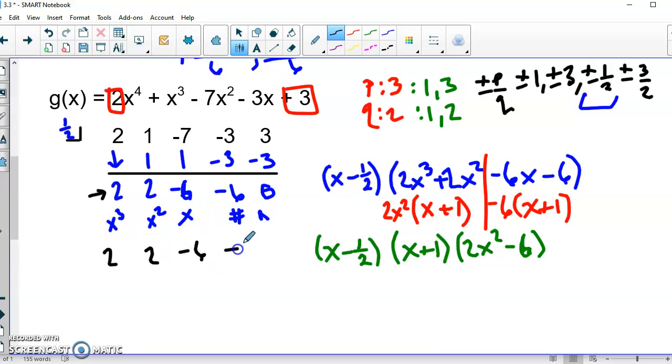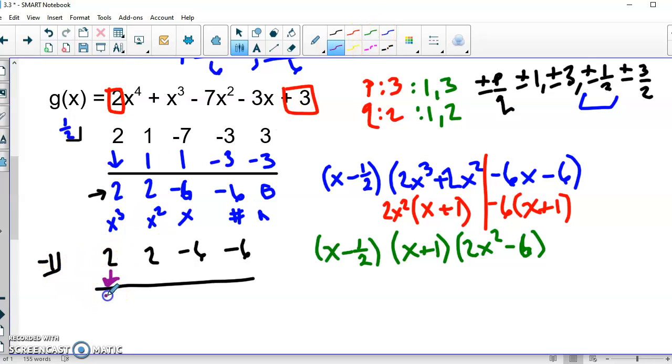And I'm going to use -1 as a zero or a root, because I already know based on that, -1 should give me a remainder of 0. So if we couldn't factor, we could continue to test some p's over q's and see which one or ones are in fact zeros. So let's go ahead and do that.